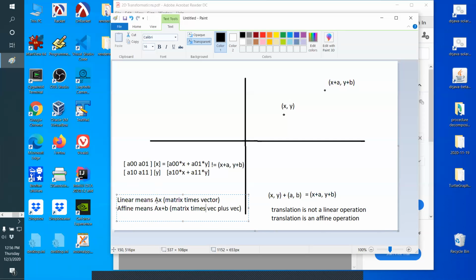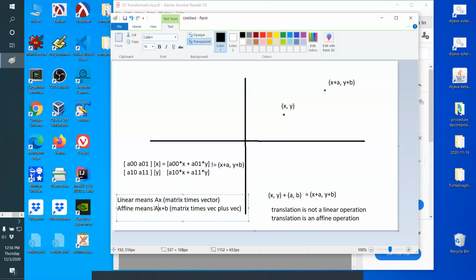So linear means a line through the origin, the y-intercept is 0. In one dimension, linear means a line through the origin, and affine means a line not through the origin. There's a y-intercept.